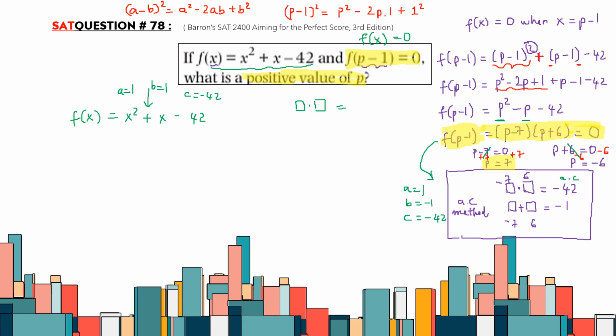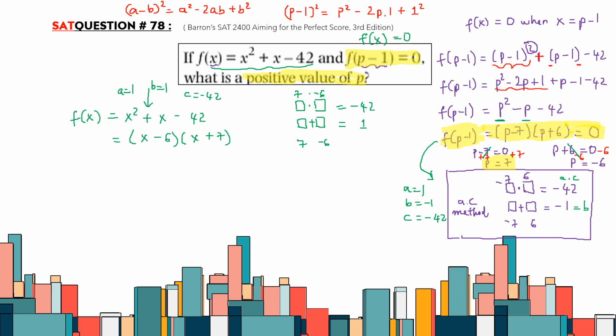Now we have A times C still negative 42, but the two numbers will add up to positive 1. So we have 7 and negative 6. 7 times negative 6 is negative 42, and 7 plus negative 6 is 1. So this one can be written as x minus 6 times x plus 7.